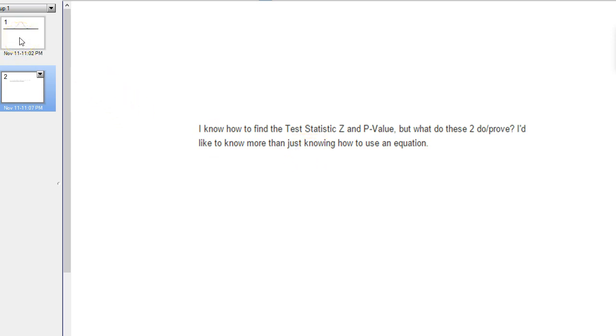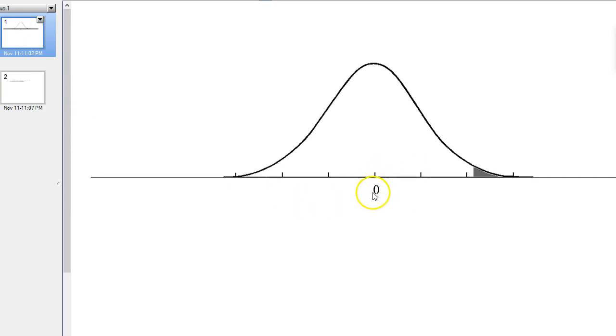Alright, so let's say that you just conducted a hypothesis test. So no matter what, when you do the hypothesis test, if you standardize it and you make it a Z or a T or any of the other distributions, typically, especially for Z or T, when we standardize, we get a bell curve with 0 at the center.